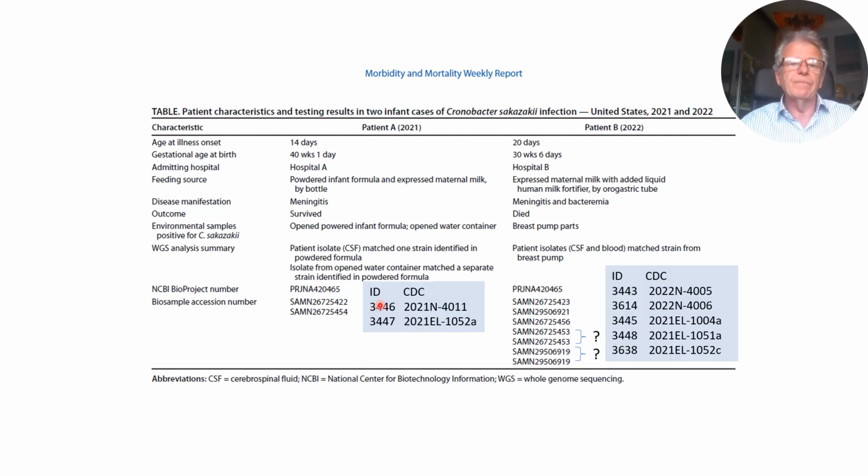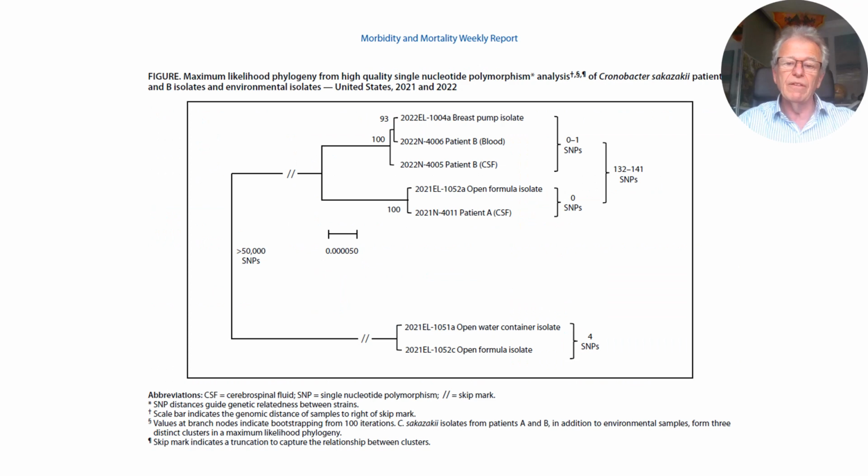What I've added here are the strain numbers if you were to look at them in the PubMLST database. And here's the actual CDC strain number for those strains from patient A and those strains from patient B. If we now go to the figure from their paper, we have this SNP analysis.